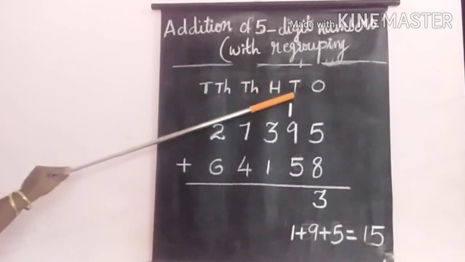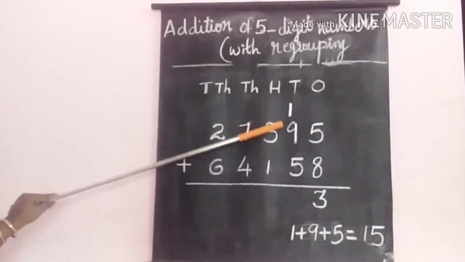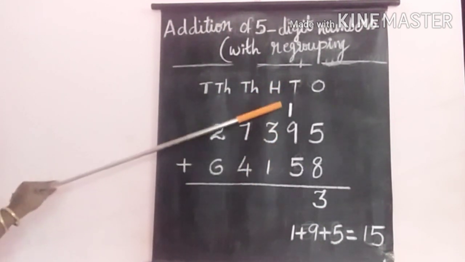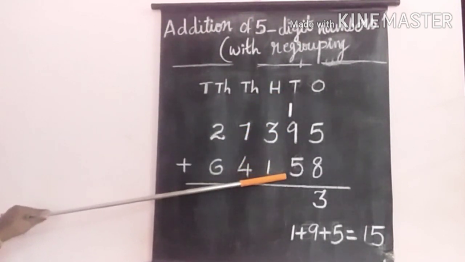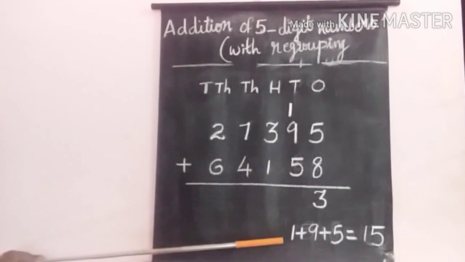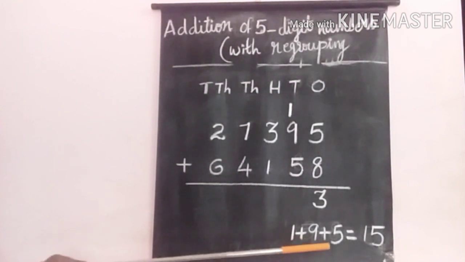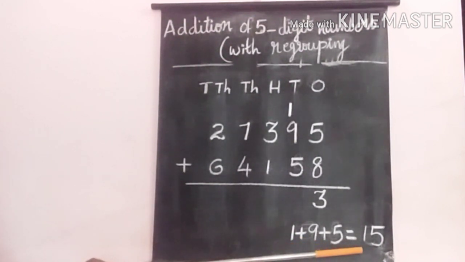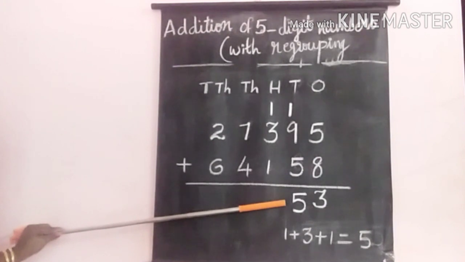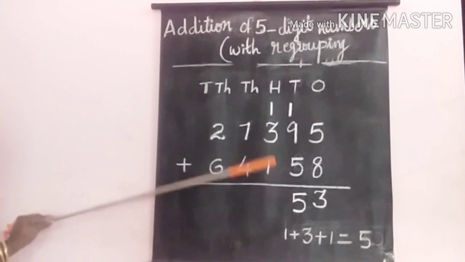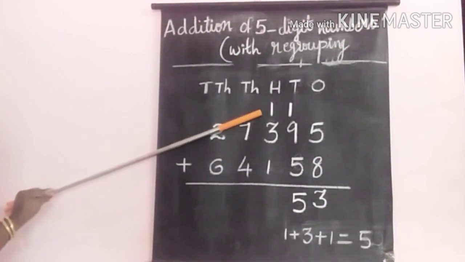See, now this is the tens place column. So we can add tens place numbers. That is 1 plus 9 plus 5. That is equal to 15. For 15, you can write 5 in tens place and 1 as carry over to 100 place.